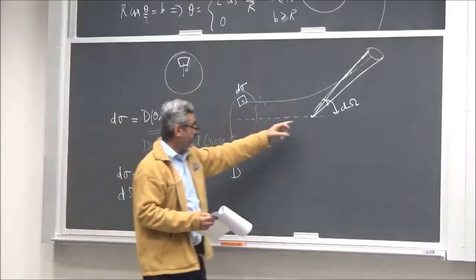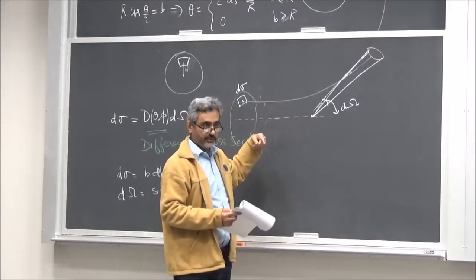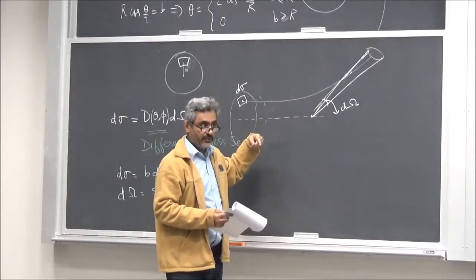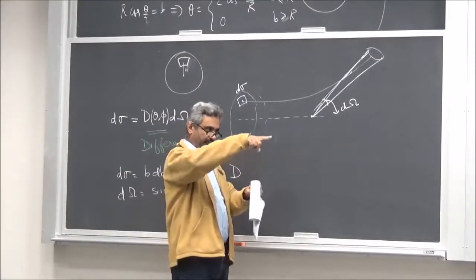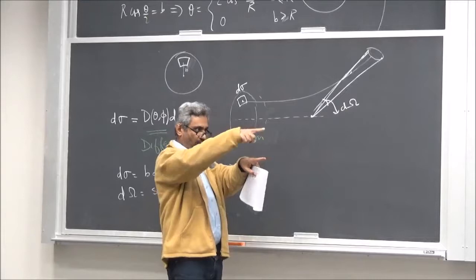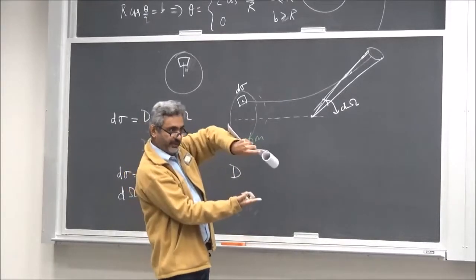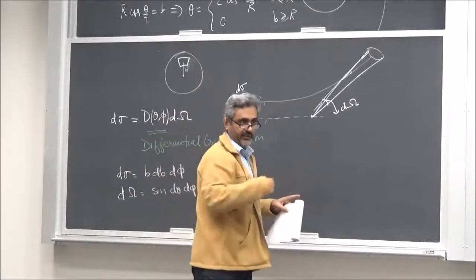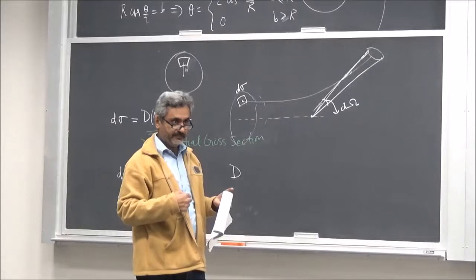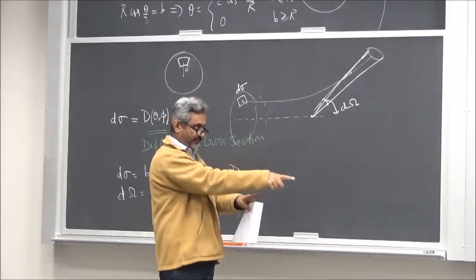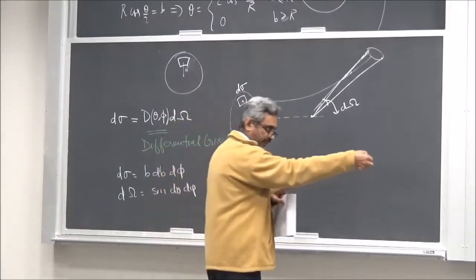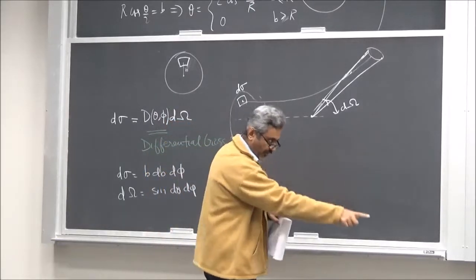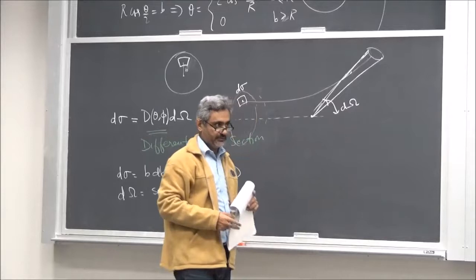From now on I'll be assuming that the target is azimuthally symmetric, which means that if you get a particle at this B here, or this B here, or this B here, the deflection angle is going to be exactly the same. So you can't tell the difference. If this is the z-axis and the target is there, if you go around the target, you can't tell the difference.